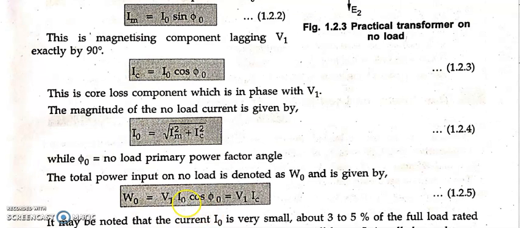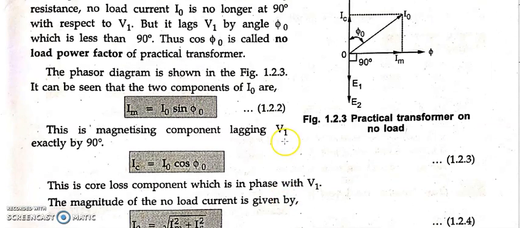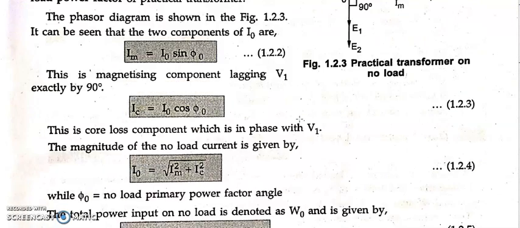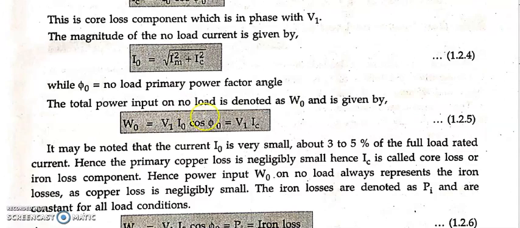So Im will go off. And what about cos phi naught? During no load, this power factor angle will be very small. We know that cos of a small angle is approximately equal to 1. You can check in the calculator as well.